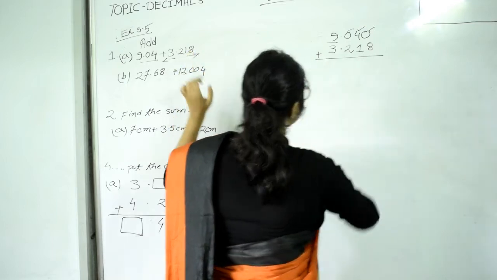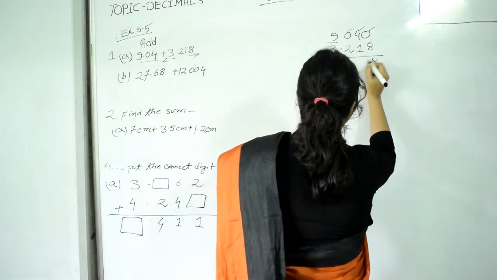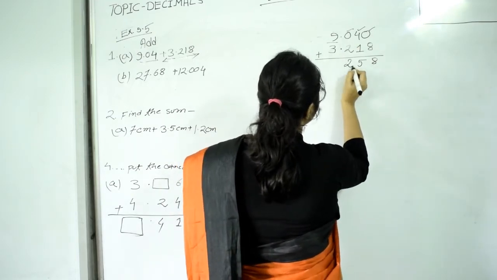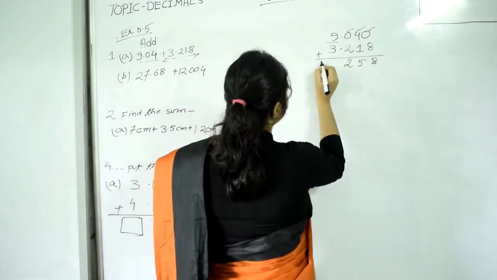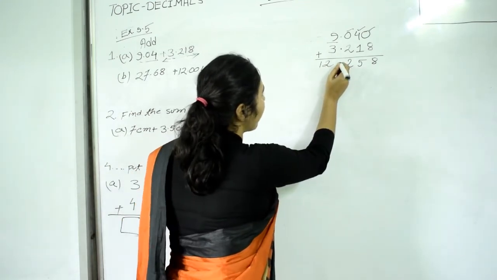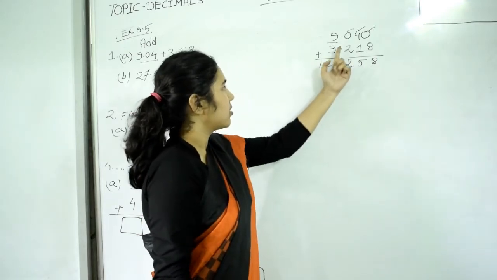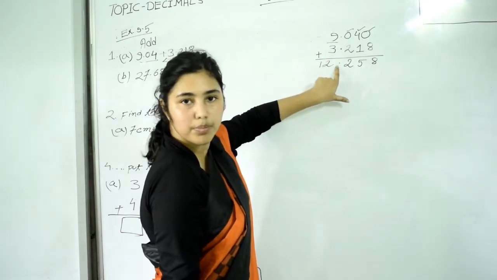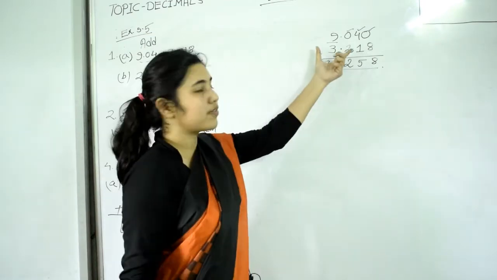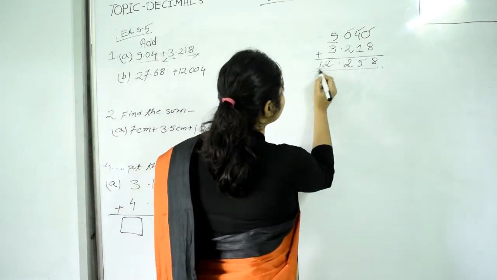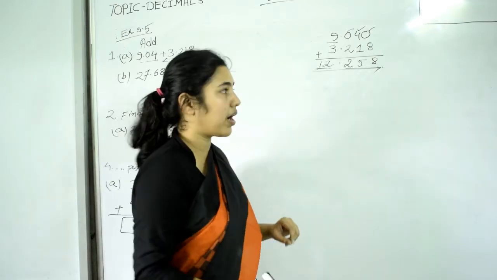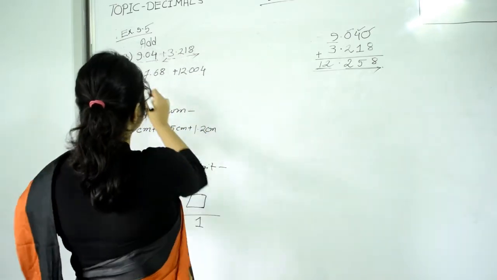Now add 0 plus 8, 8, 4 plus 1, 5, 0 plus 2, 2 and 9 plus 3, 12. Okay. Now insert this decimal point just under these two decimal points. Okay. So this is the sum of these two numbers, where 12 is our whole number part and 258 is our decimal part.